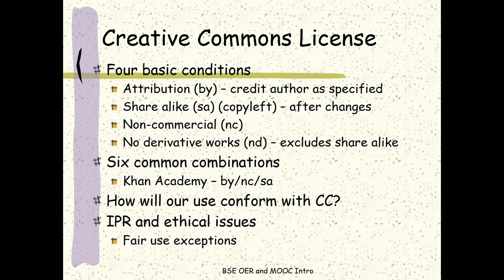So there are many combinations, and for example, the Khan Academy has BY, NC, and SA. So in the Khan Academy, you can take any of their videos or other material and use it to do some work of your own. You can use it in your own class, but you must say that it is from the Khan Academy.